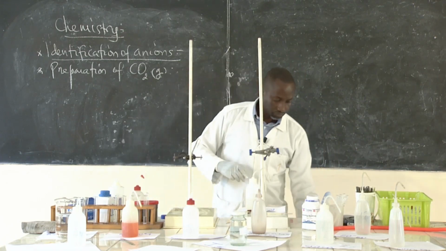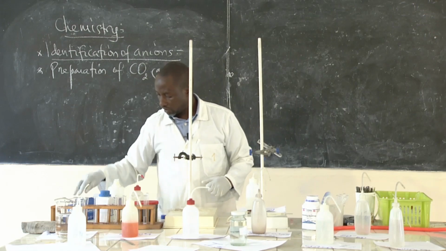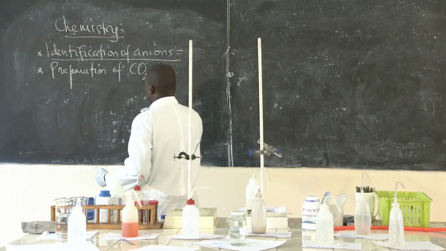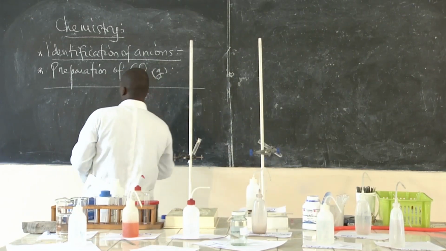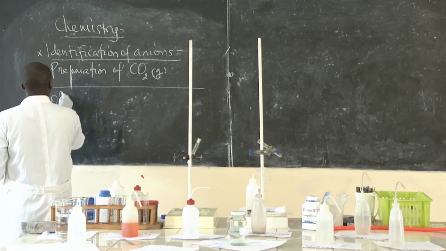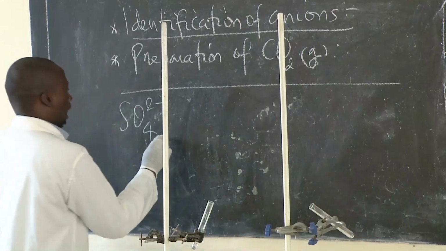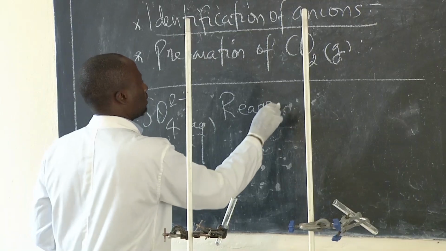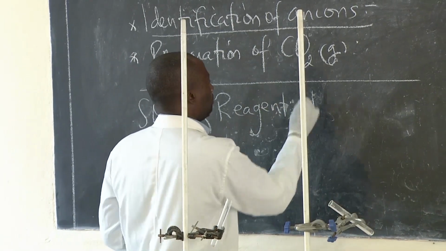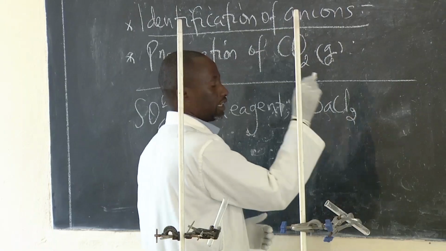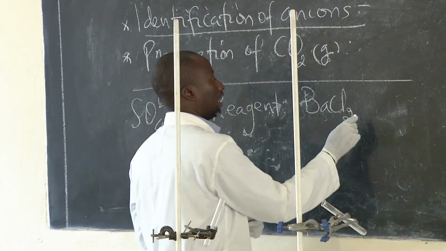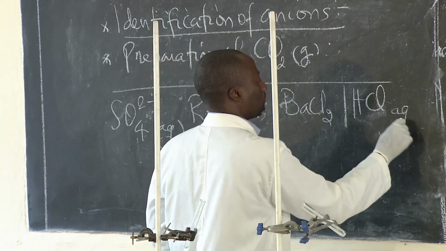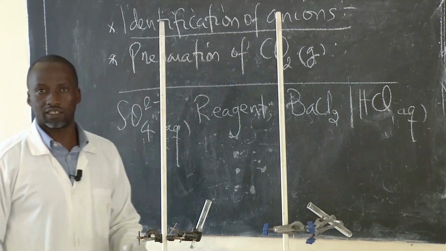So we can also mention what is happening. We are starting with the sulfate ions, and the reagent that we are using here is barium chloride. That is what we have used. And then this barium chloride was used together with the hydrochloric acid, which is aqueous.